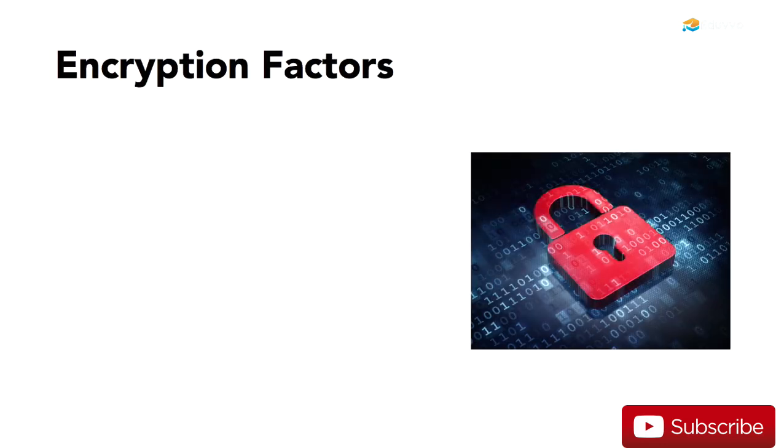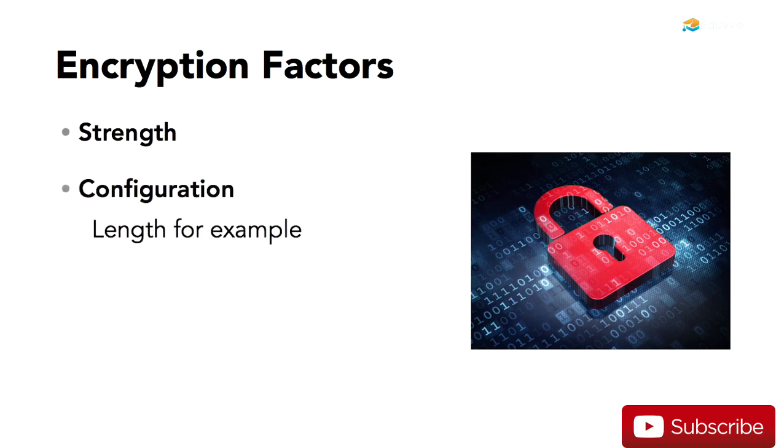When considering encryption for protecting your information, you need to take many factors into account, such as strength of encryption algorithms, configuration of the encryption scheme of your choice, like key length, and different scenarios in which attackers can bypass the protection provided by the encryption.